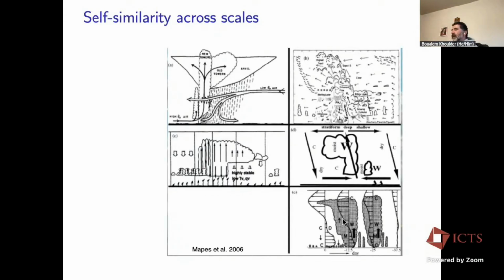And in observations, they are often seen as being embedded in one another. The MJO is often seen as an envelope of synoptic scale waves, and the synoptic scale waves sometimes have squall lines and mesoscale systems embedded in them. Having this kind of embedded structure with the same self-similar features is impossible if it's linear, because these features are not symmetric.